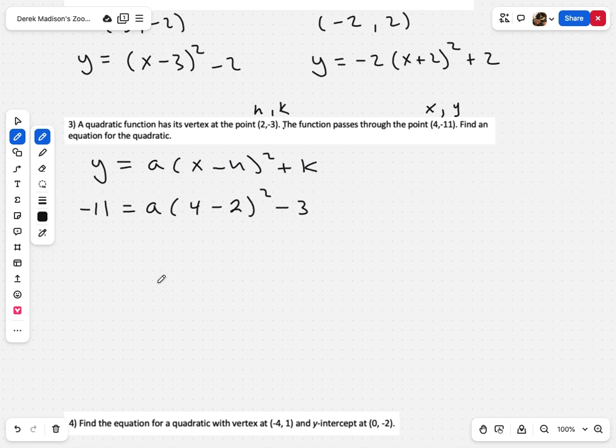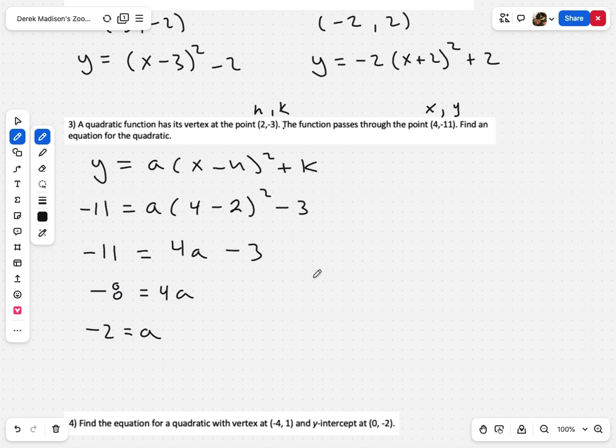And now I can solve this and get a. So negative 11 equals 4 minus 2 would be 2 squared would be 4a minus 3. Add that 3 over to the other side and get negative 8 equals 4a, divide both sides by 4, and negative 2 equals a.